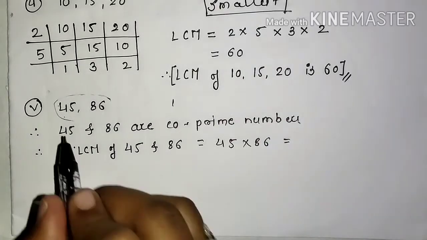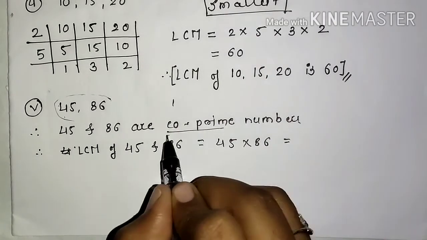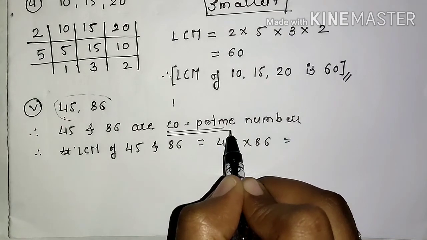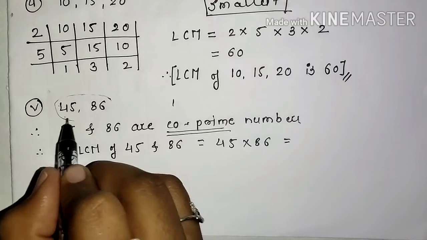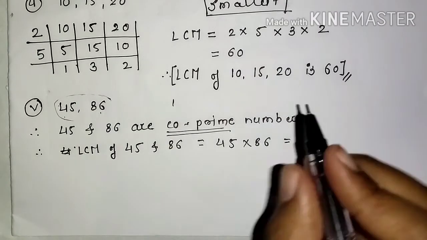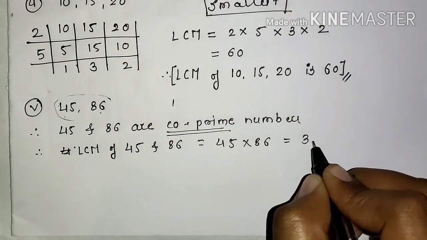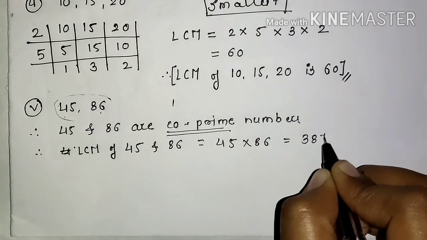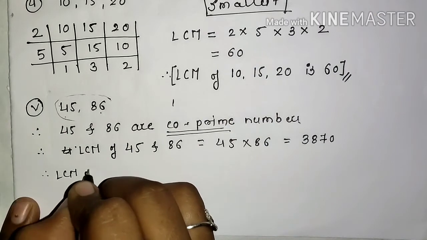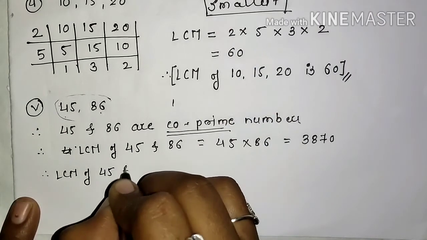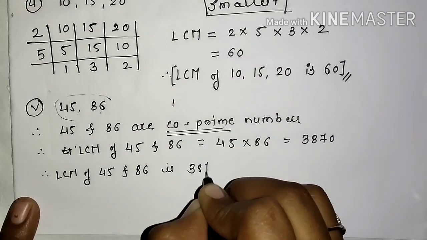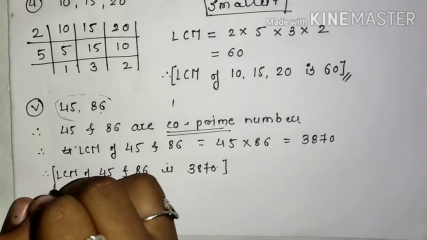That means if the given numbers are co-prime numbers, in that case, to find out the LCM, we just have to multiply the given numbers, that is 45 into 86, which gives me the answer 3870. Hence LCM of 45 and 86 is 3870.